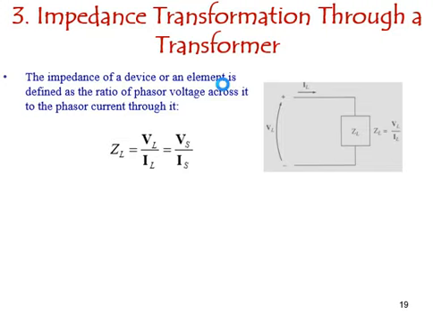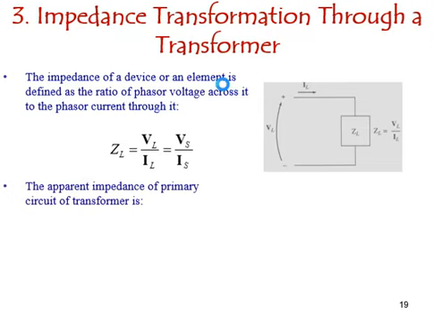But since there are no circuit components in between the load and the source, we can also say in this case that it is also equal to Vs over Is, which is the secondary, which is the source voltage and source current.